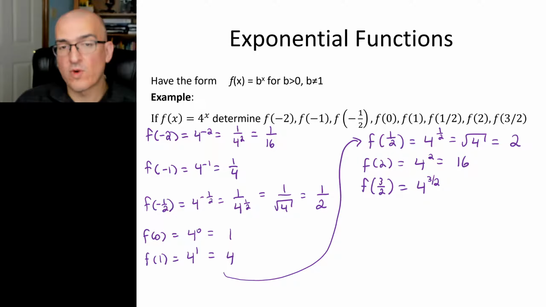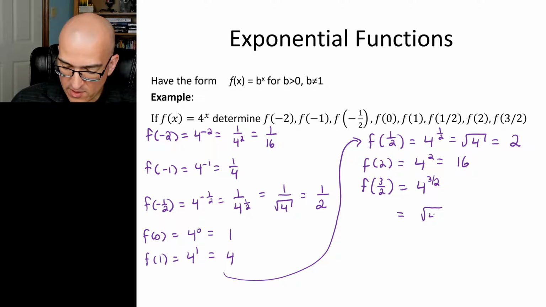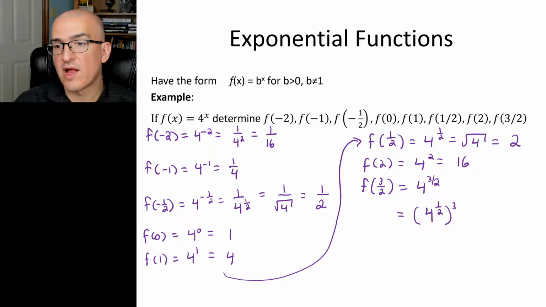So remember, what does this mixed fraction mean when we have a top number that isn't 1 divided by a bottom number that isn't 1? What we can do is we can convert this into a square root of 4 all to the power of 3. Or if you want to do it in 2 steps, I can say this is 4 to the power of 1/2 all to the power of 3. We're unmultiplying the 3 over 2.